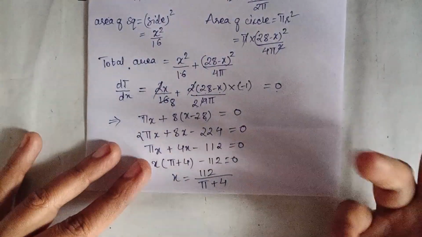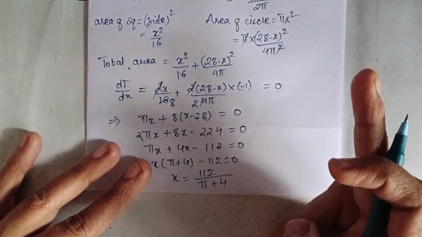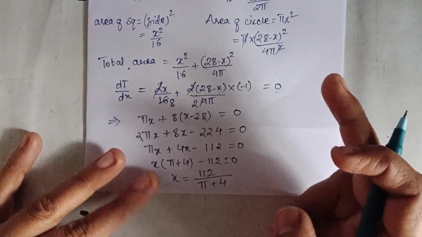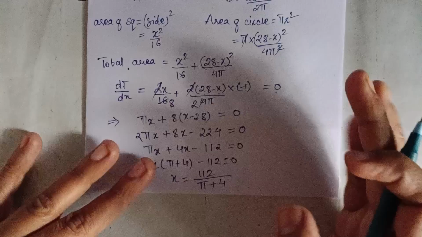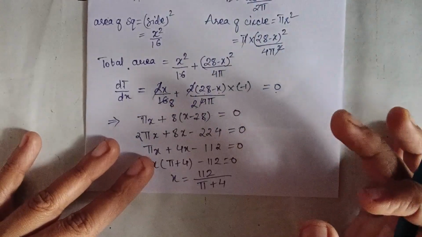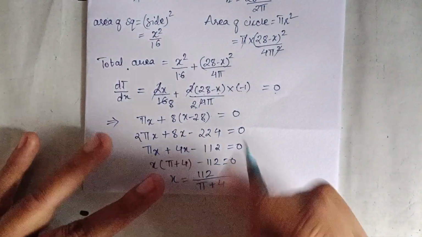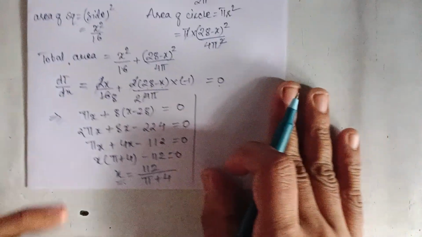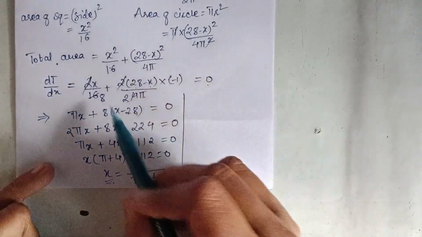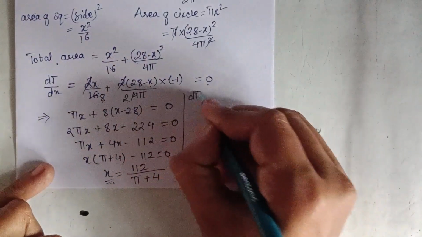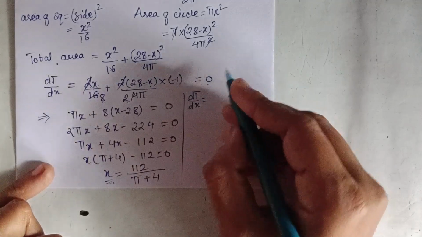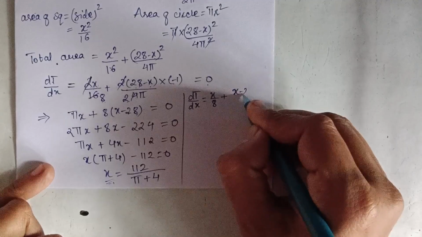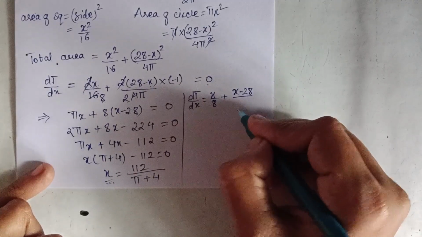So we got the value of x. Now you have to find d square by dt, double derivating, and then we have to see whether it is greater than 0 or less than 0 at this point. So derivating again this thing: our dt by dx, I'll write it again, x by 8 plus x minus 28 upon 2 pi.